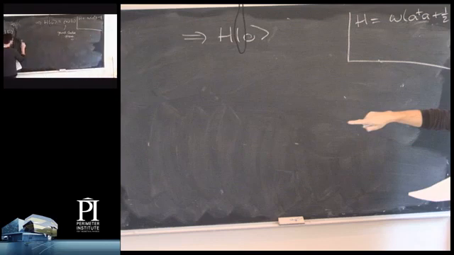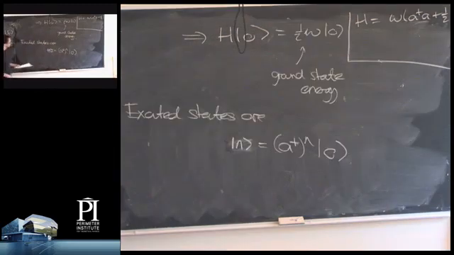Then excited states: an excited state for each integer n, where you hit the ground state with n creation operators. That's not normalized, by the way.